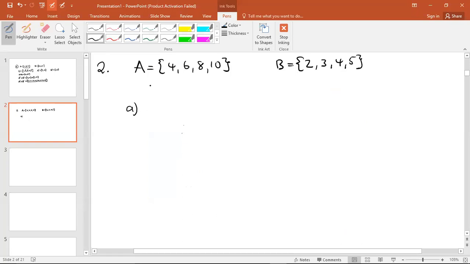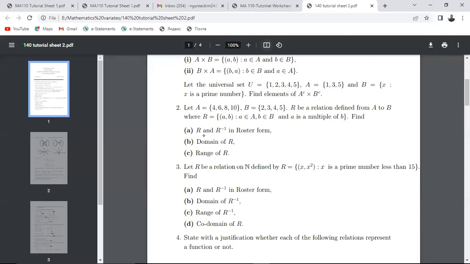So the conditions are that R should have (a, b), that's the condition, where a is a member of A and b is a member of B, but a is a multiple of b.